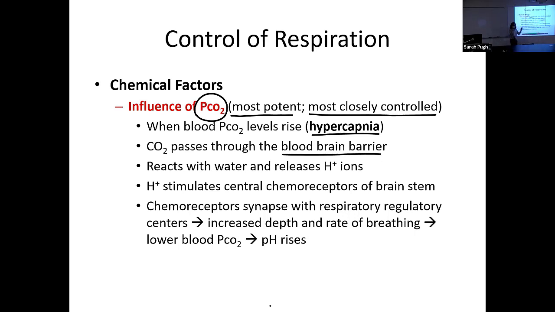It's releasing the hydrogen ions, and that's telling the brainstem, oh, we have too much acid, we have too much CO2, we need to increase our breathing rate. So this is going to cause you to increase the depth and rate of breathing so that you can help to get out more CO2. And that's going to help to regulate your pH levels.